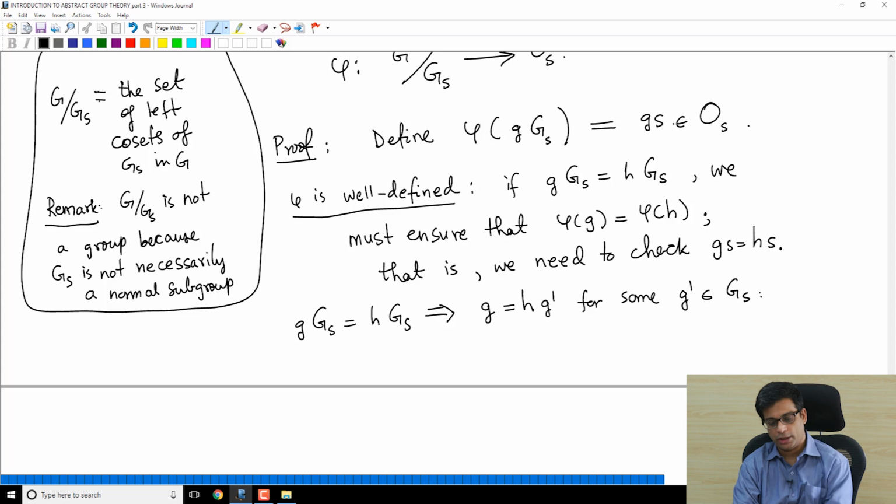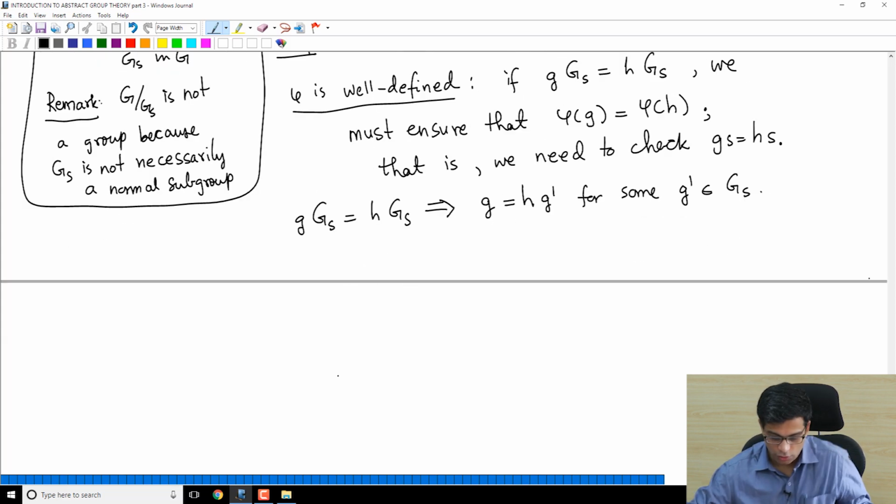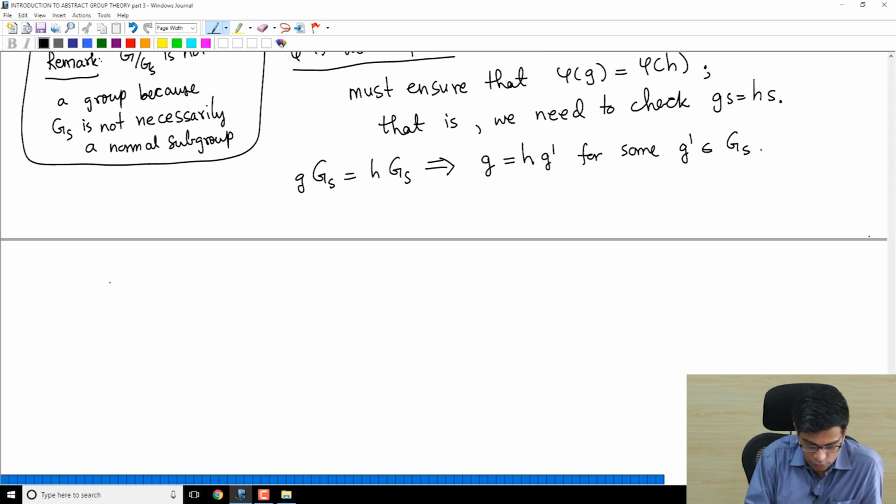This is clear to you, right? If you have two left cosets that are equal, I'm going to just quickly work this out. In general, G is a group, H is a subgroup.